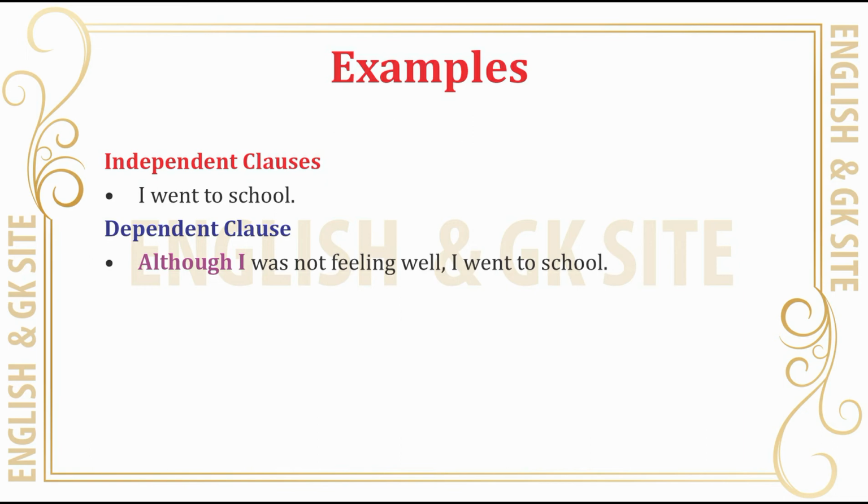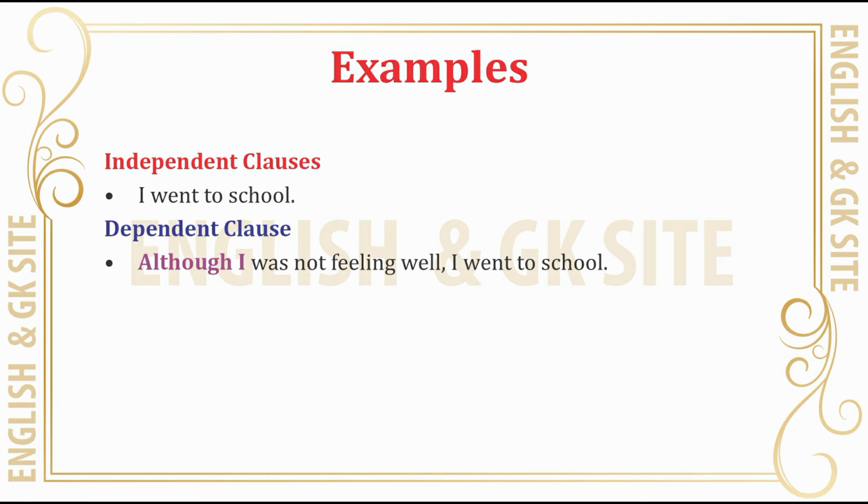Although I was not feeling well, it is a dependent clause. It is dependent on the main clause. It needs another main clause to make a complete sense. So here we add another main clause, I went to school, to make a complete sentence that makes sense.